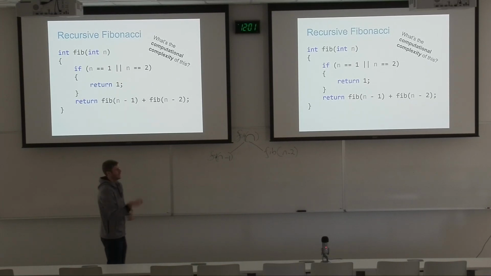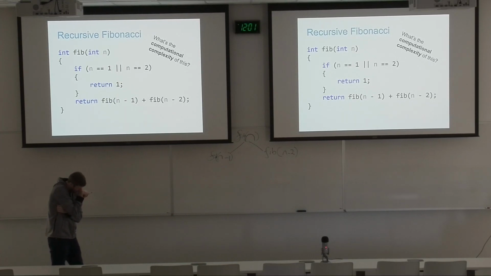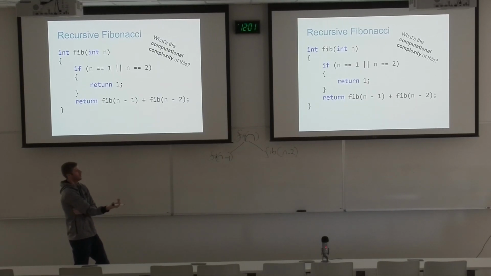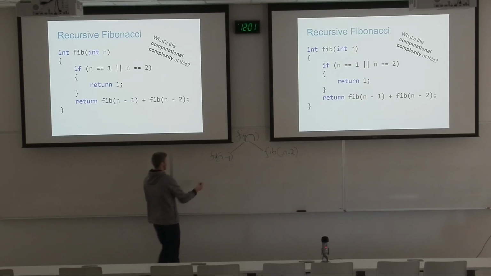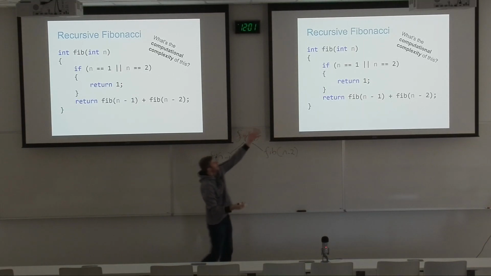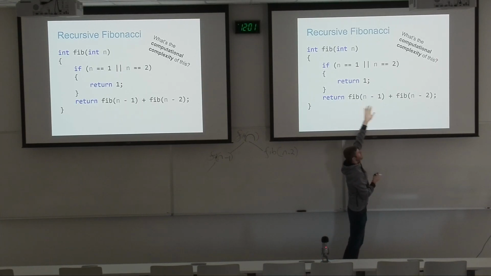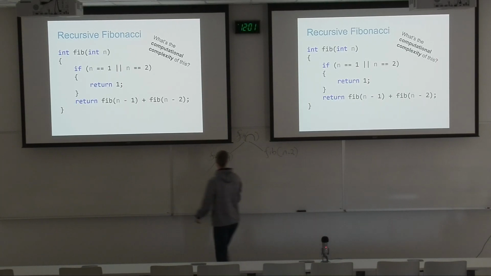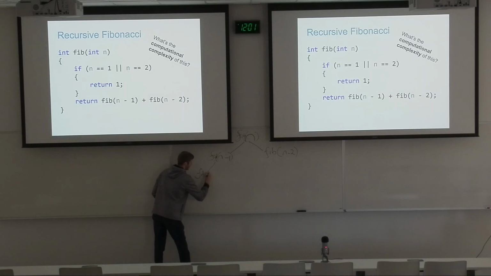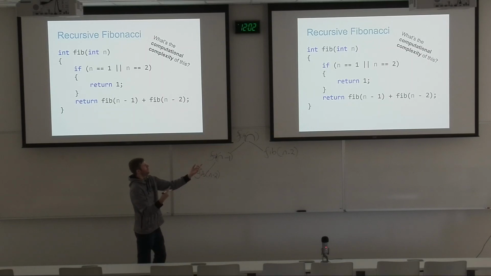Okay, so what's fib of n minus 1? Well, this isn't too bad. Let's just follow the same rules, except now n is n minus 1. So it's going to be n minus 1 minus 1, so I need to know the answer to fib of n minus 2, and then fib of n minus 3.